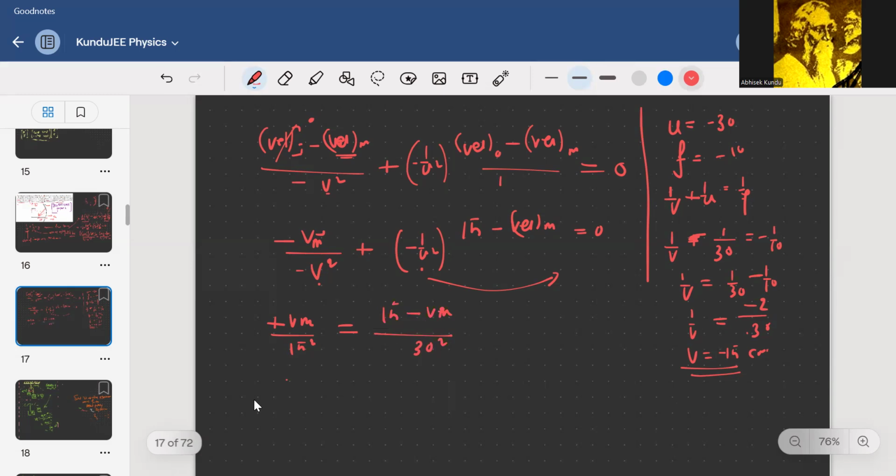So 15 square to 30 square is 1 to 4. So 4 Vm is equal to 15 minus Vm. So 5 Vm is equal to 15. So Vm is equal to 3. And with the unit, it will be 3 centimeter per second. So that is the answer.